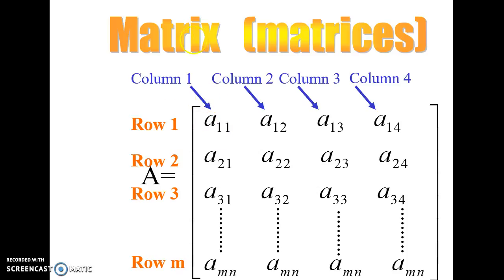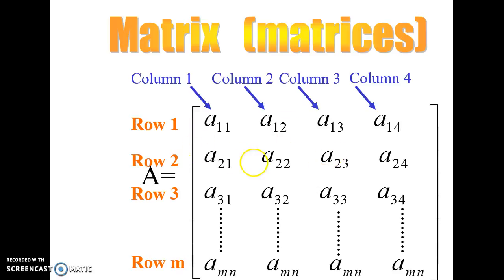So for example, A11 means you're in the first row and first column inside matrix A. A12 would mean matrix A, first row, second column.